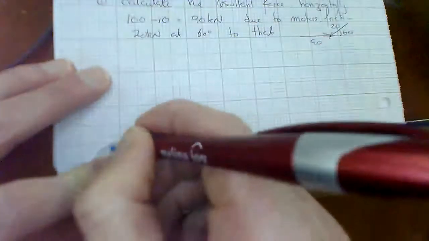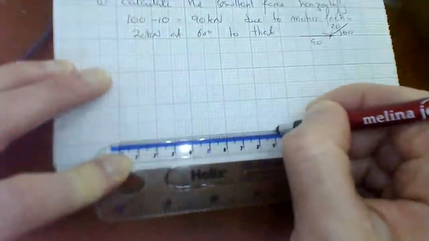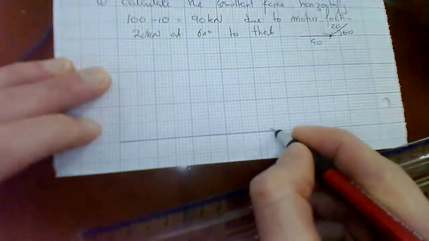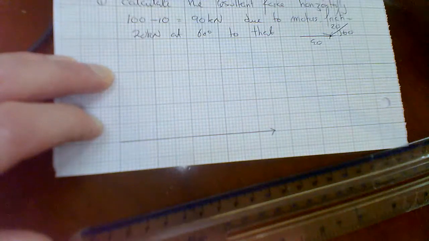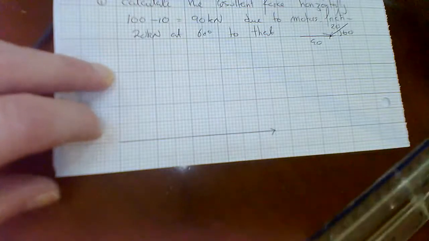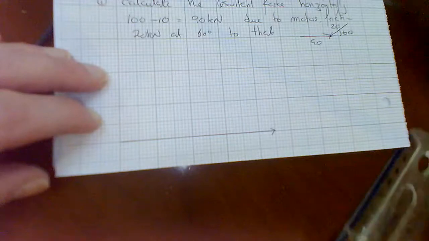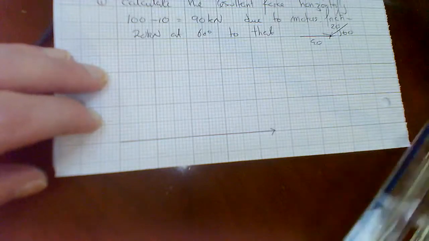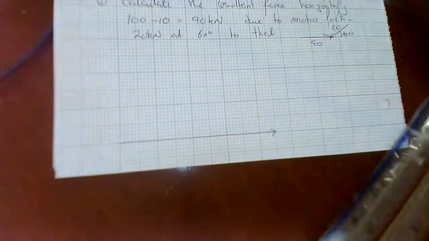So if I go 9 centimeters to there we have our horizontal force. And we also have a downwards force. Let me just rearrange this now.